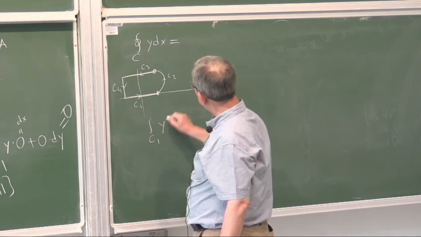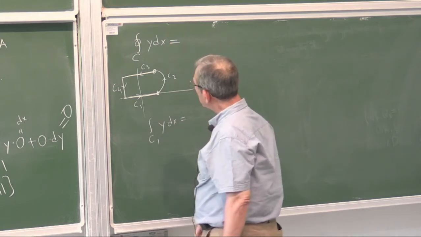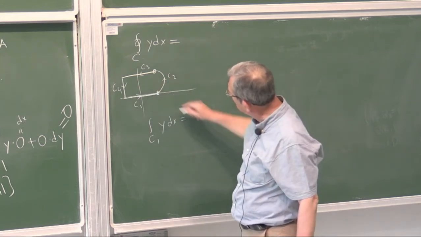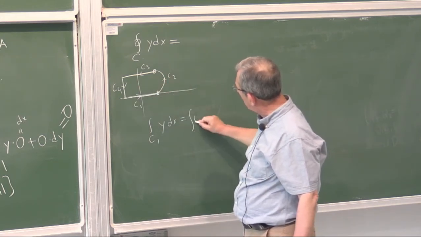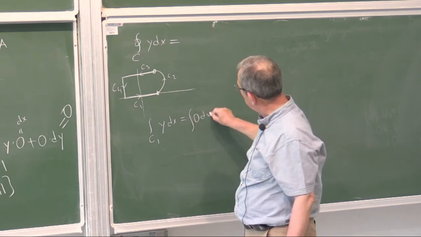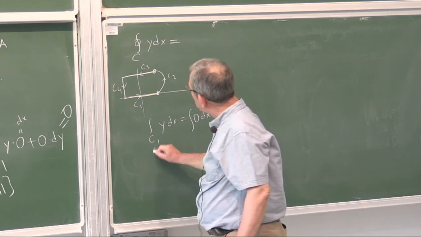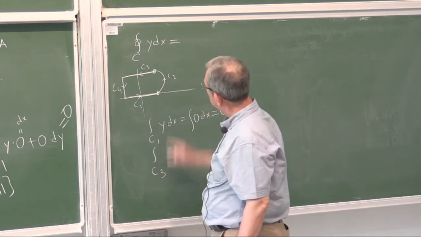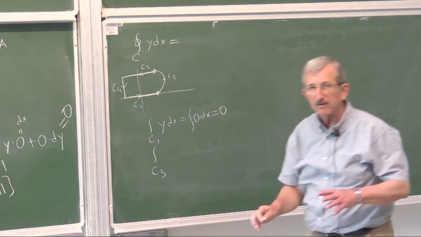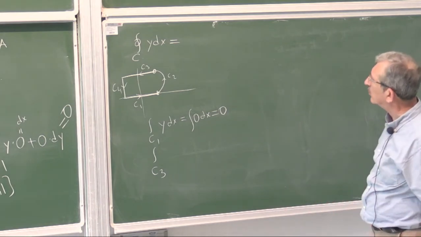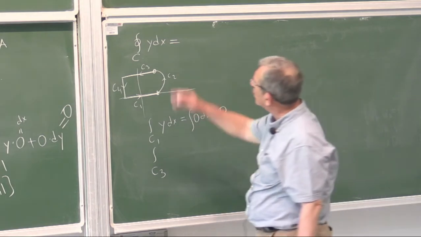We have y dx. Well, on C1, from here up to here, clearly y is 0. So it is 0. Integral over C3. C2 is the most difficult one. Not difficult, but relatively more difficult. So I will continue with C3.